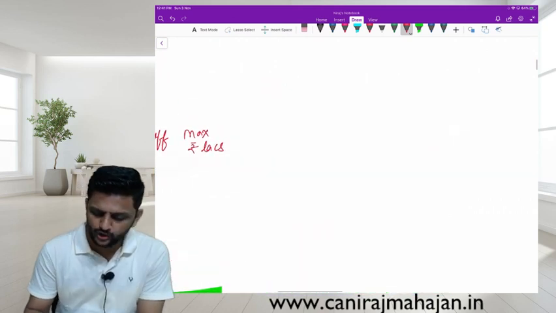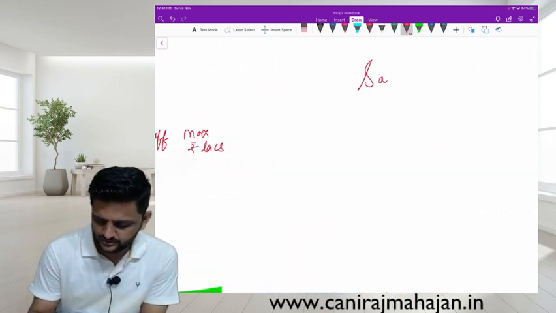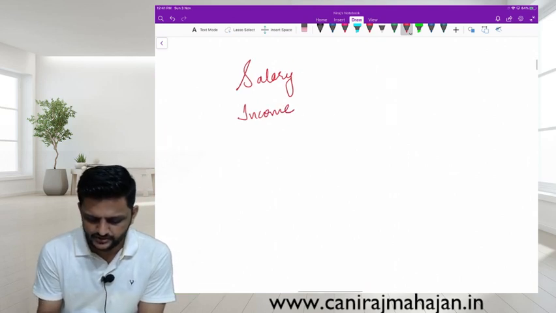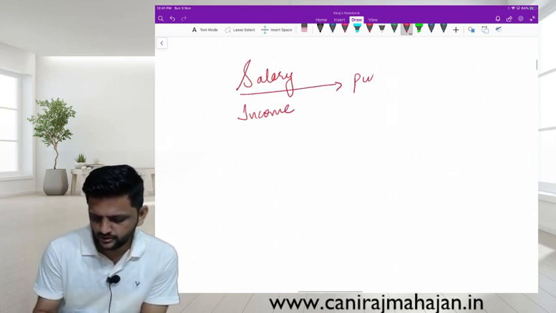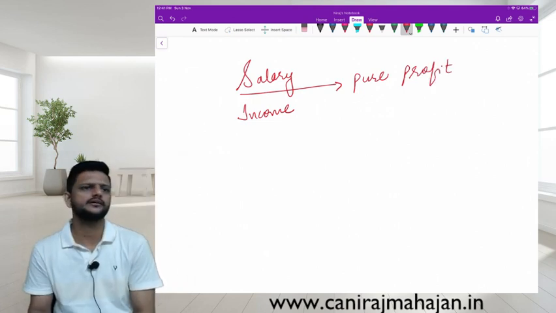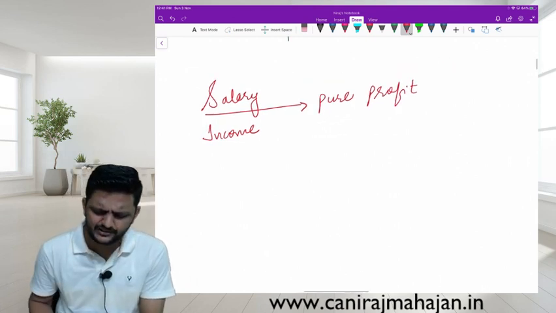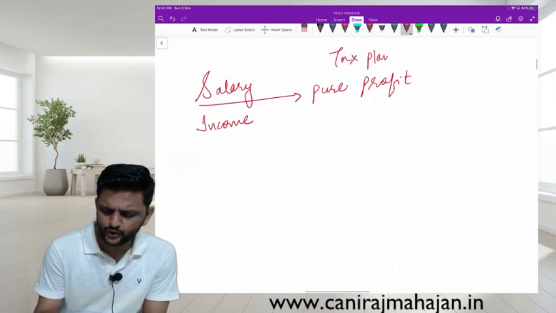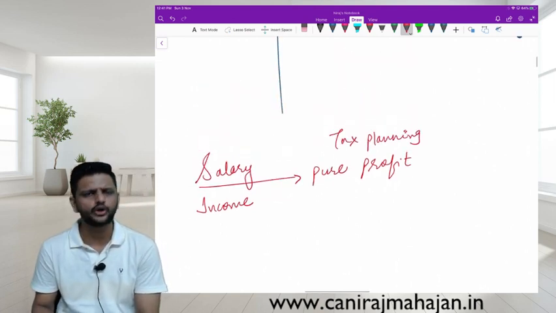And one of the worst problems with salary income is that salary as such is a pure profit. Whatever you earn, it gets taxed, and there is very little scope for tax planning. I don't remember whether we discussed this in the salary chapter or not.